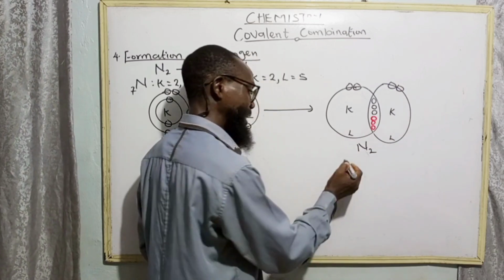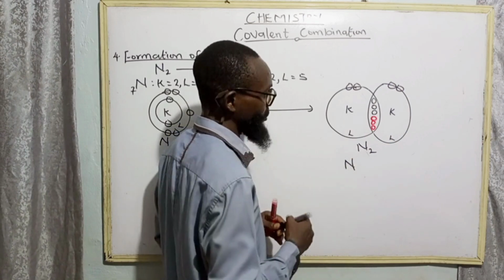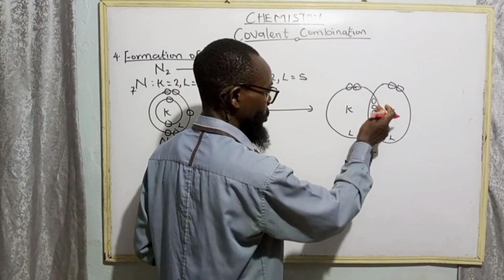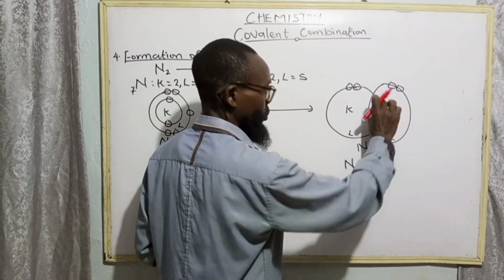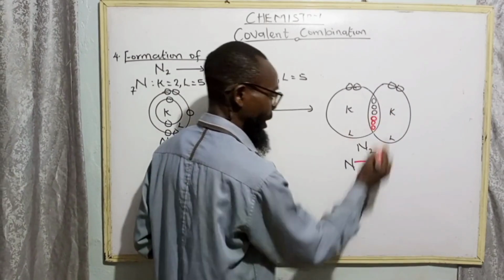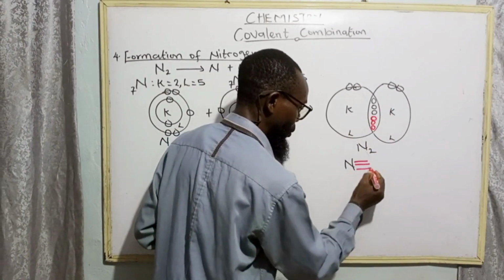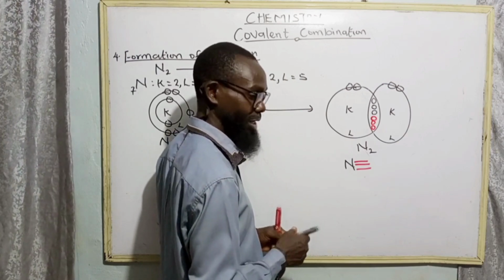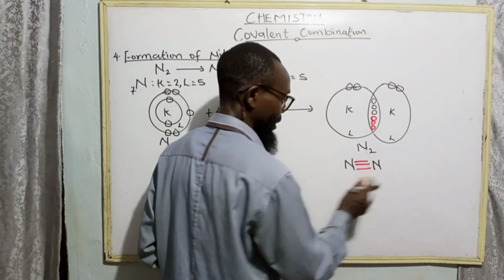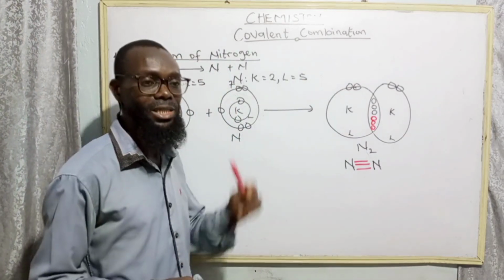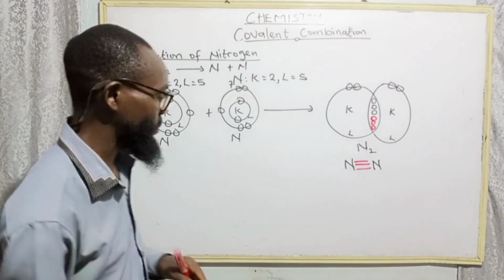Between the first nitrogen and second nitrogen, we are having 1, 2, 3, 4, 5, 6. 2 electrons denote 1 bond, the second 2 electrons another bond, and a third bond. Meaning that between one nitrogen atom and the next, we are going to have triple bonds. So the nitrogen molecule is having triple bonds.